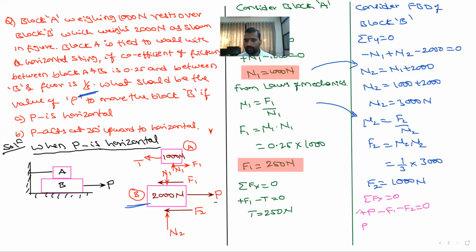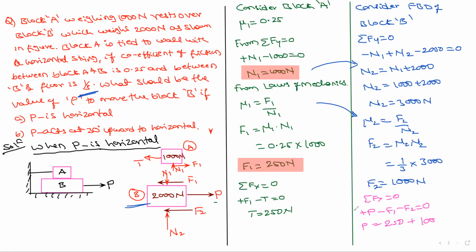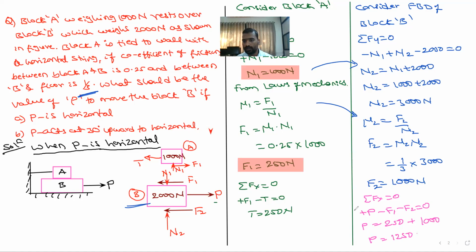So transferring F1 to the other side, F1 is 250, plus F2, which is 1000. So what is the total P? It is 1250 Newton, the total horizontal force P required for the movement of block B.